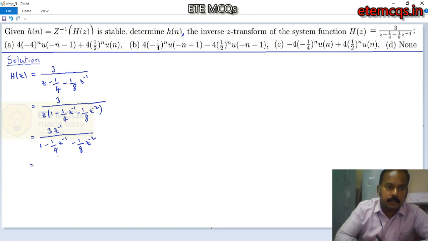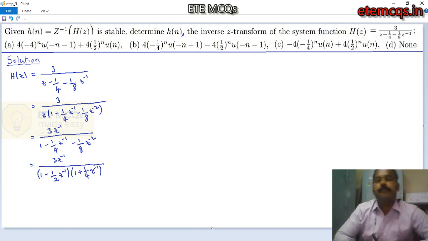Now the denominator can be further rewritten in terms of factors as 3 z inverse divided by 1 minus 1 by 2 z inverse the whole into 1 plus 1 by 4 z inverse. So this is your h of z, for which we are supposed to apply the method of partial fraction.